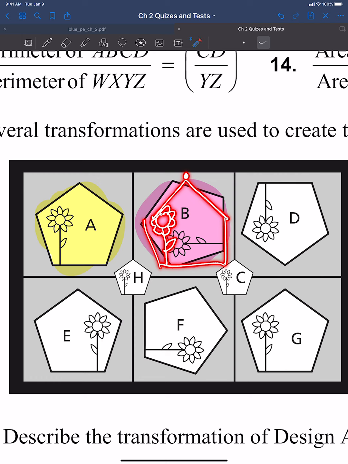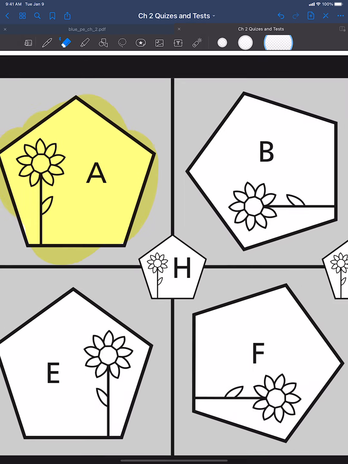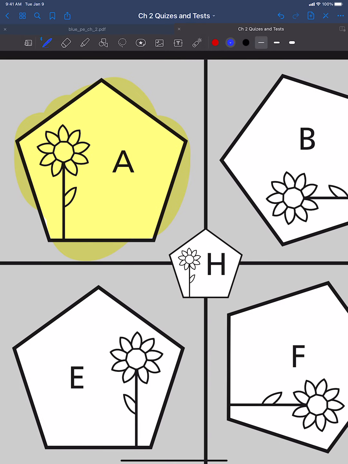No, it wasn't. They're the same, right? So B would just be a rotation, right? Okay, so B, sorry buddy, you are out of the running. H, there's no way that could be a rotation and a reflection, right? Yeah. How about E?